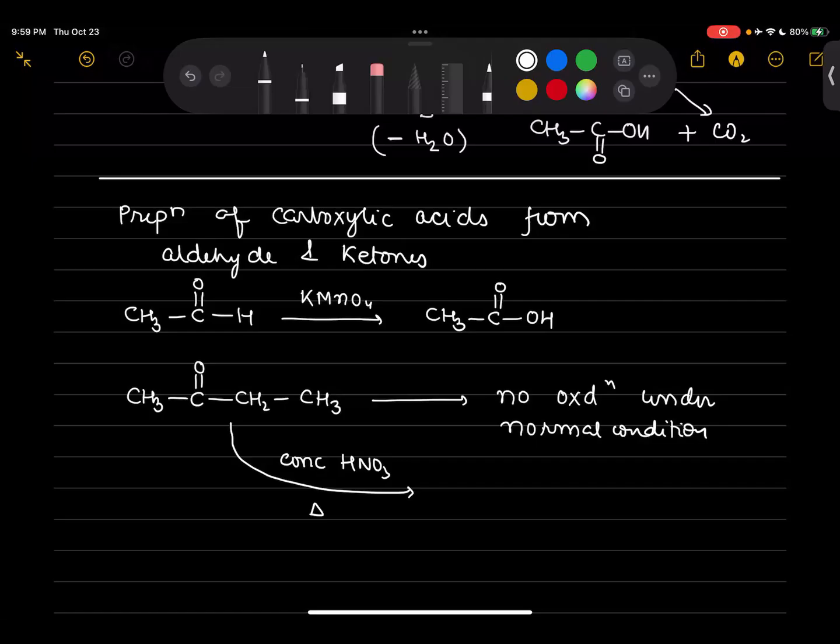Ketones do not undergo normal oxidation.